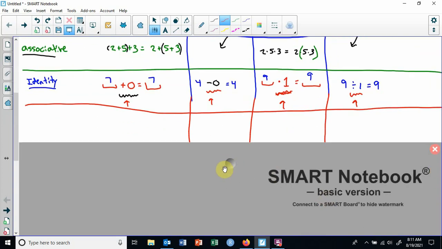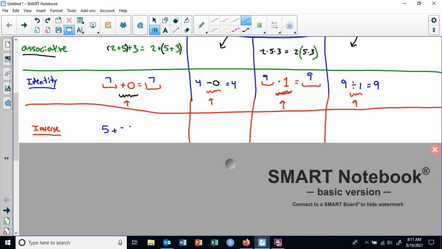The last one, let's see if I got enough space, is an important one. It's the inverse property. Now what an inverse is, is just how we undo things. So if I take any number, how do I undo it with adding? Well, how would I get rid of 5?